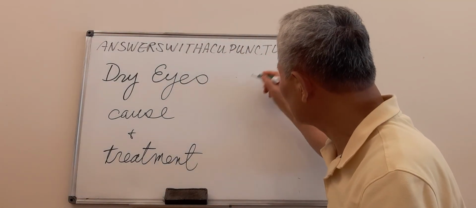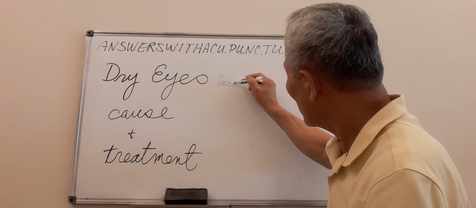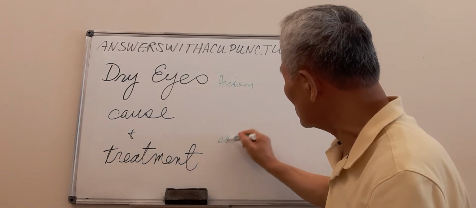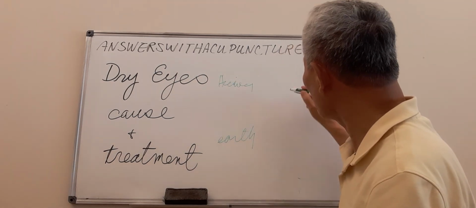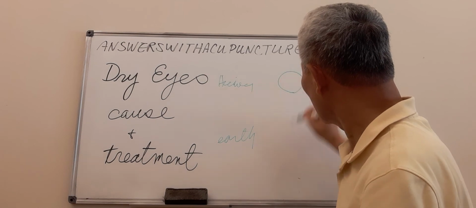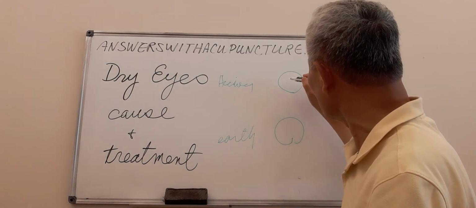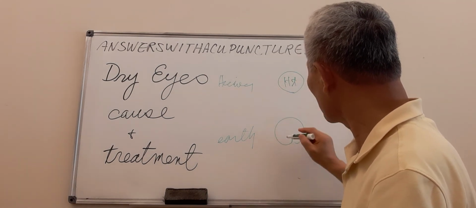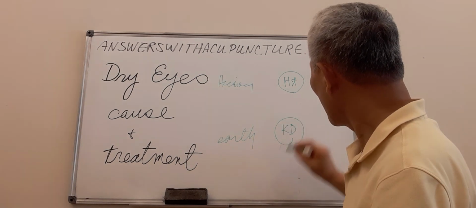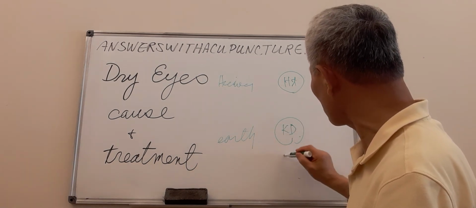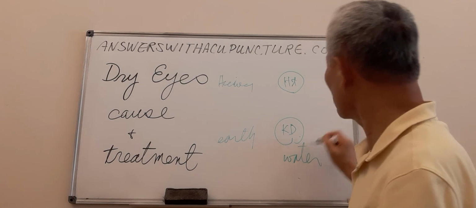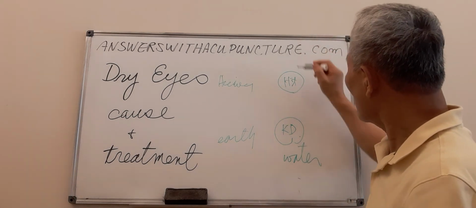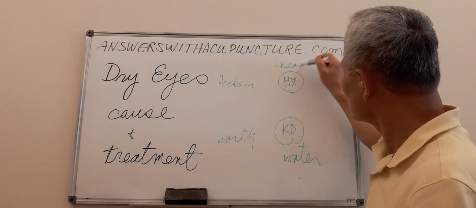Let's say this is heaven, and this is earth, and the human body is in here. Over here is the heart, and here is the kidney. The kidney represents water, and the heart represents heat.